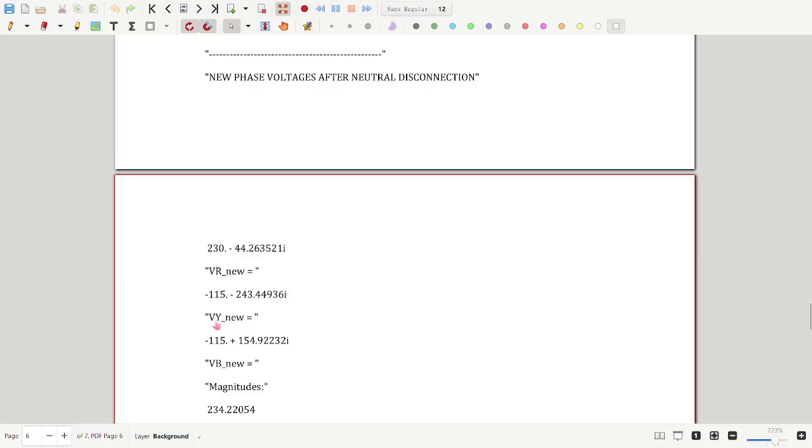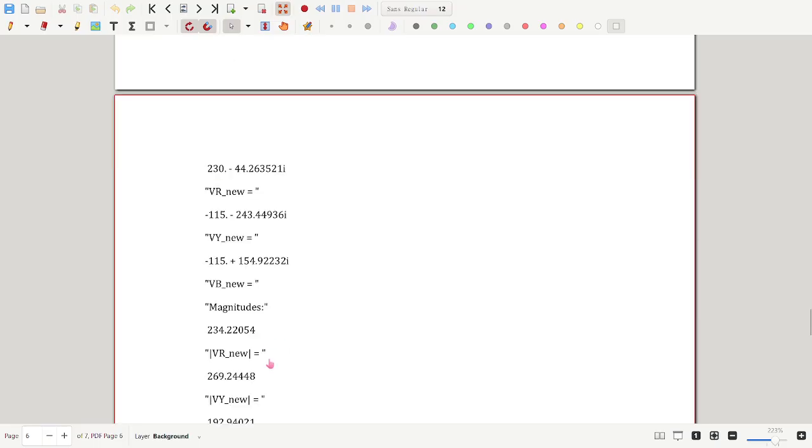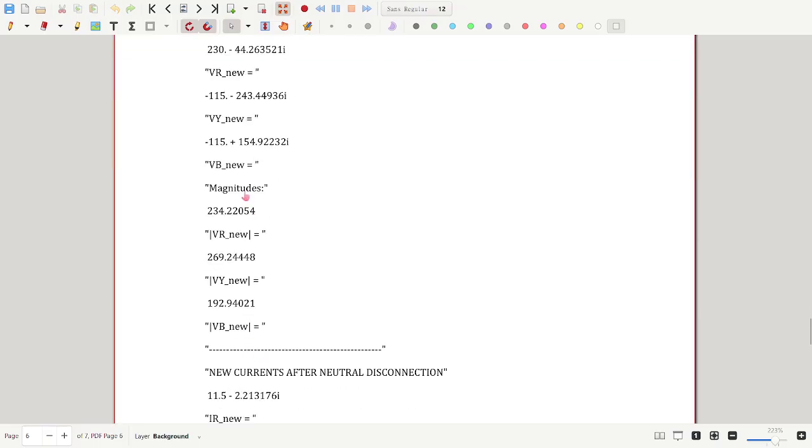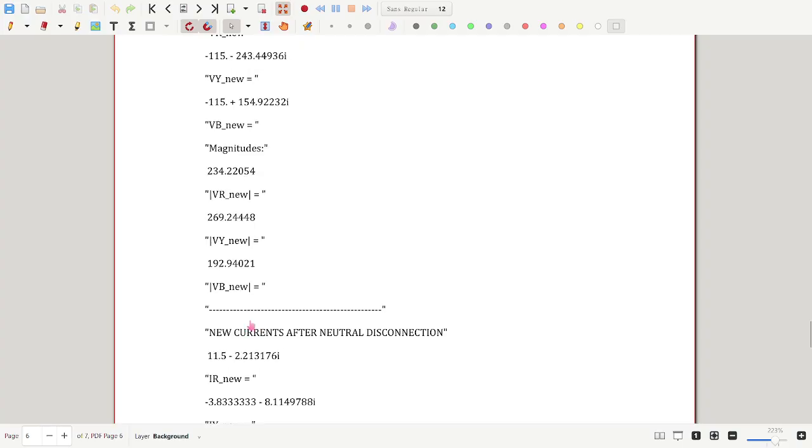The same for VY new, and VB new also. I have given the magnitudes: VR new magnitude is 234.224, VY new magnitude is 269.24, VB new magnitude is 192.94.